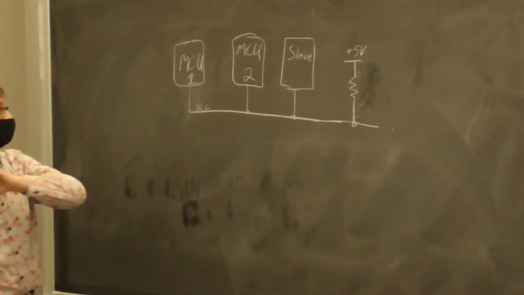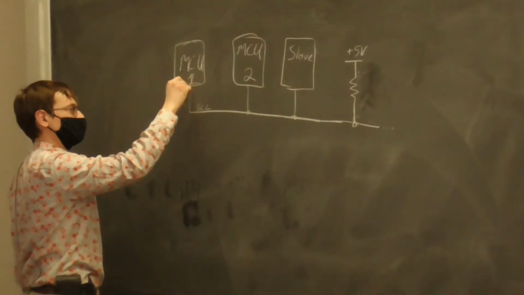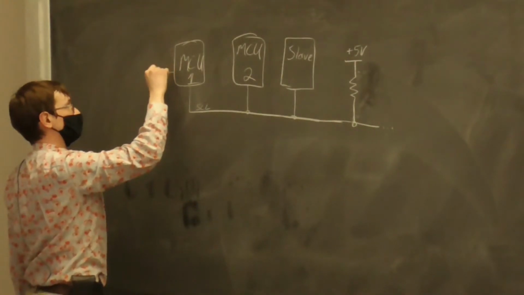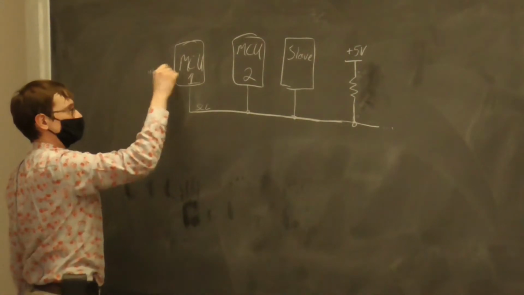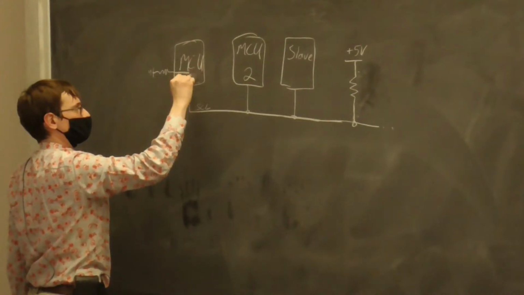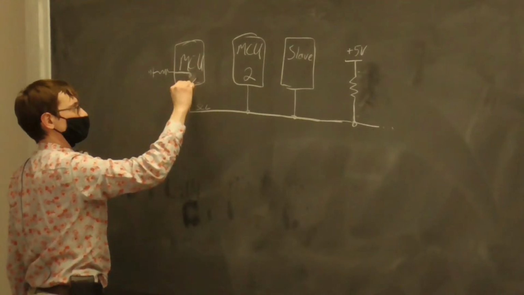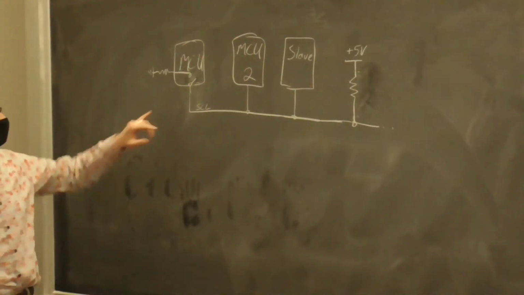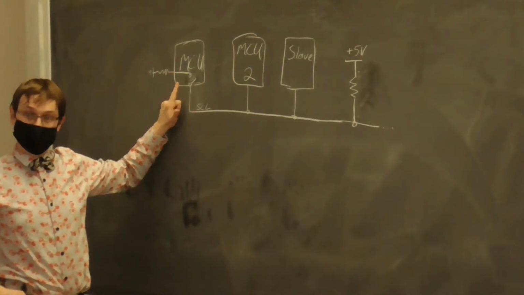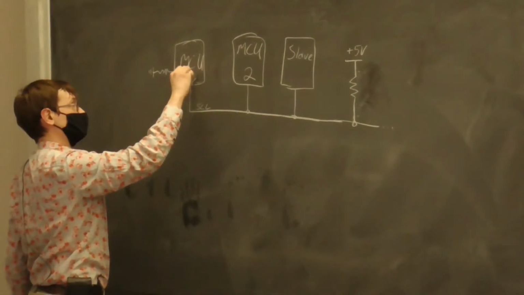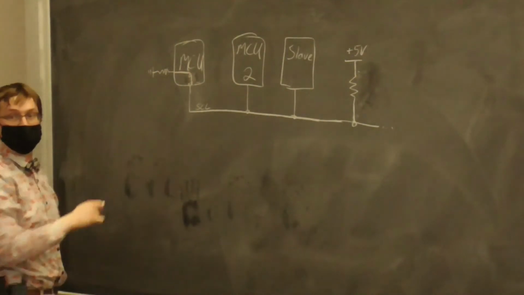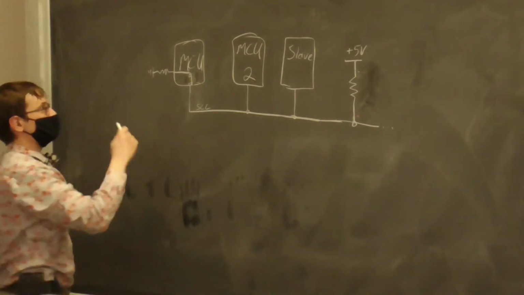So what happens if this guy opens up its drain? That's the drain. You can imagine a little switch in there, and all it can do is open and close that switch. When it closes this switch, current flow is established.